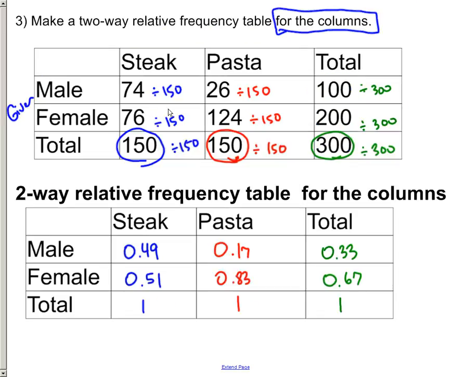And then the columns, instead of using the row totals, we would just go through and divide each column by its own total. For the steak and pasta columns, you take their column totals and do the division, and then the total column here is 300 total, so we would divide all of that by 300.